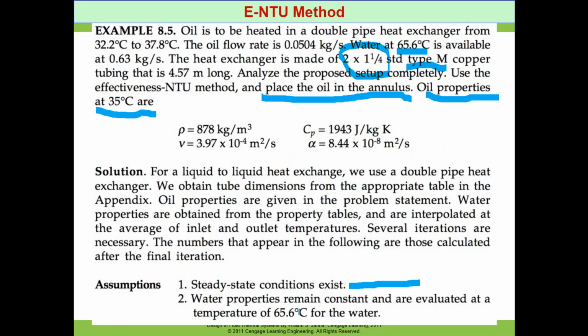For the oil, properties should be taken at 35 degrees Celsius, and in the case of water we can take properties at any point less than 65.6 degrees Celsius. You can choose 60, you can choose 50, whatever, and then in the next iteration you have to check what the final temperature comes out to be and what the mean temperature is for the property purpose.